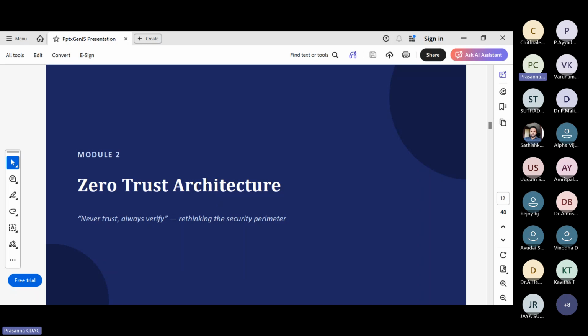But how do we trust the invigilators, the system administrators, the network administrators, who could compromise it? So the architecture of this exam is designed in such a way that there is no trust. Whatever we do is always verified.